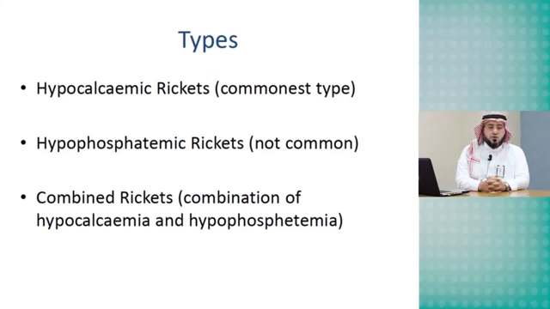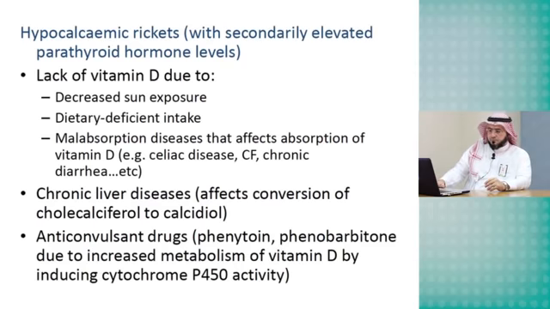Hypocalcemic rickets is the commonest type all over the world. A large number of children with rickets have hypocalcemic rickets, while hypophosphatemic rickets is not that common. It's rather a rare type, as well as the combined form of hypocalcemia and hypophosphatemic rickets, which is also another rare type of rickets.